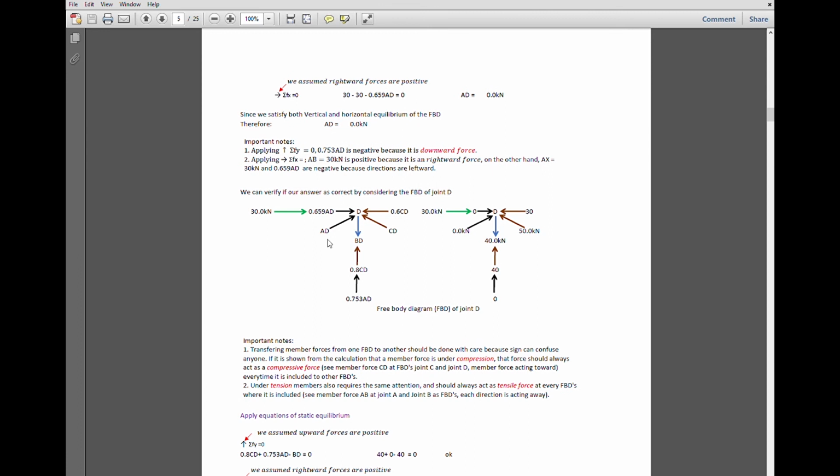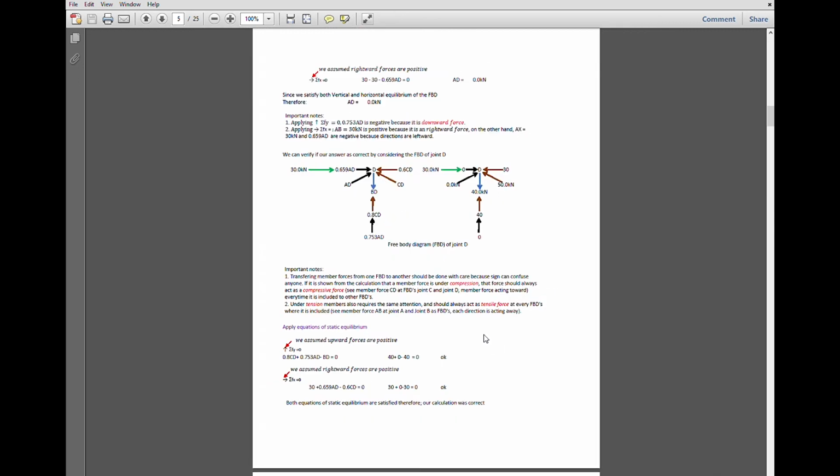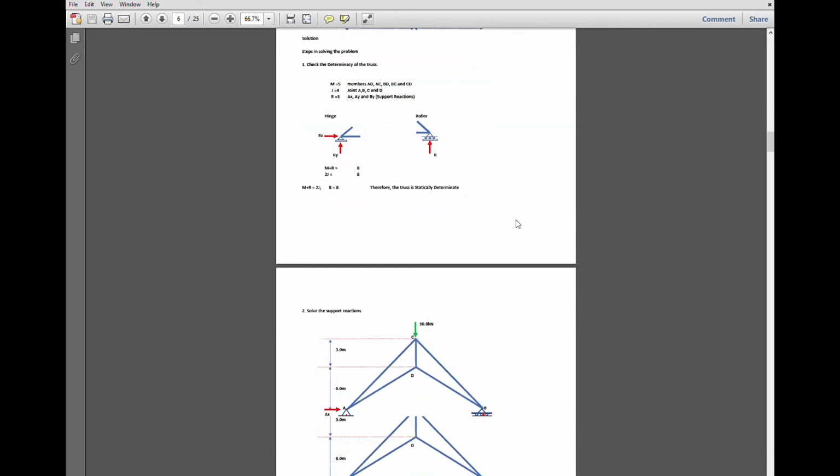So from the free body diagram of joint D, we are able to satisfy equations of static equilibrium, summation forces vertical and horizontal. So, satisfy natin, ibig sabihin yung ating mga sagot natin na nakuha is correct.